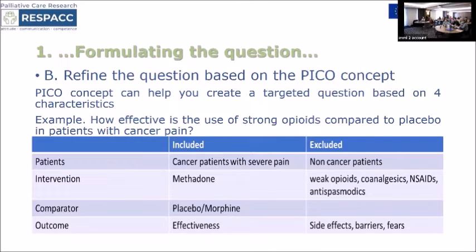Is methadone more effective than morphine in treating chronic pain for cancer patients? Okay, thank you, Andrea. Somebody else?